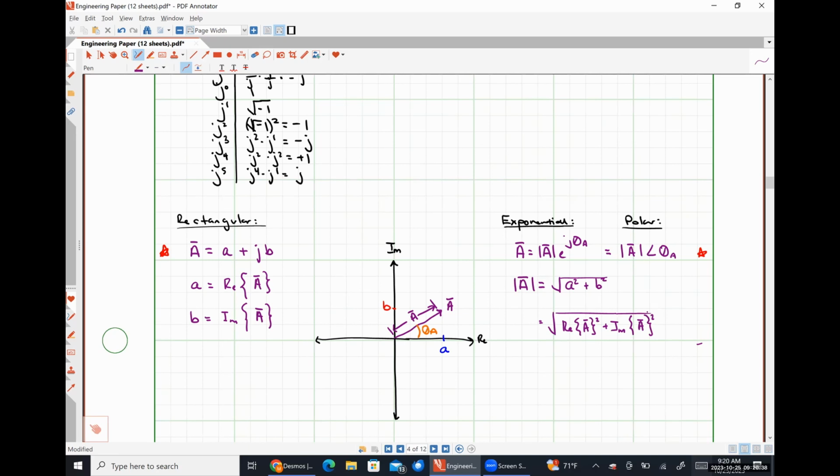And that is literally just the Pythagorean theorem. A squared plus b squared equals c squared, where c squared is the square of the magnitude of this complex number, the hypotenuse of our little right triangle here.